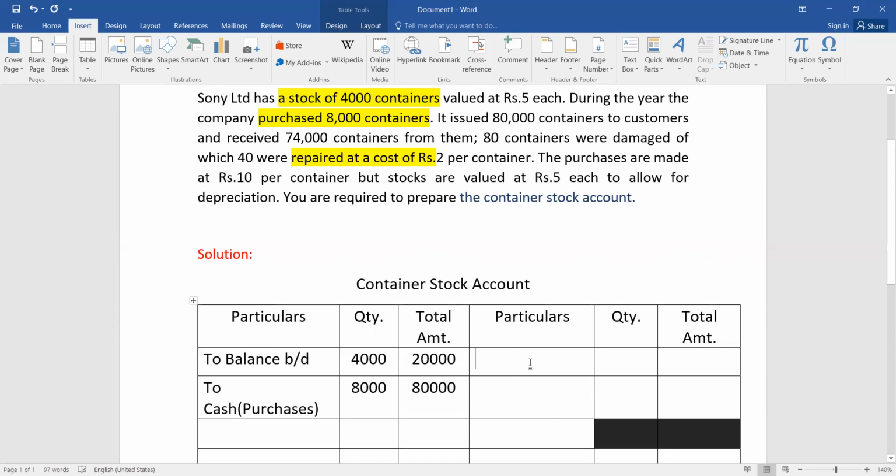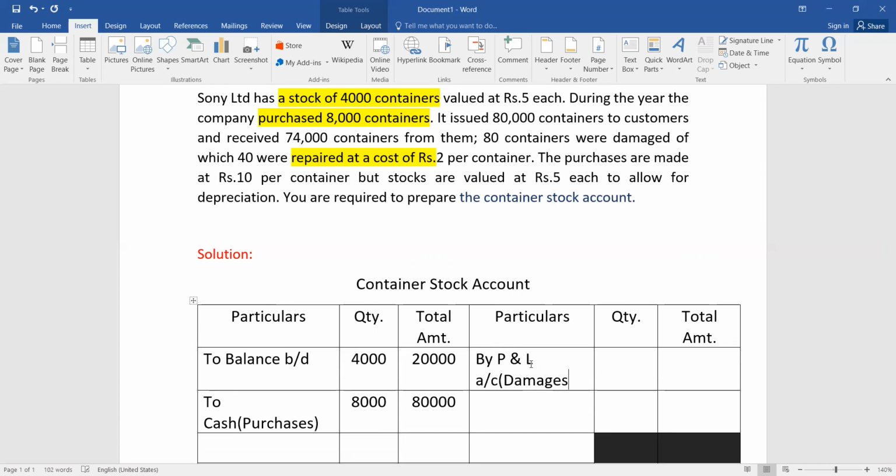These damages need to be transferred to the profit and loss account. So the entry would be profit and loss account debit to container stock account. The entry is taken towards your credit side as by P&L account, as we are transferring the damages to the P&L account.